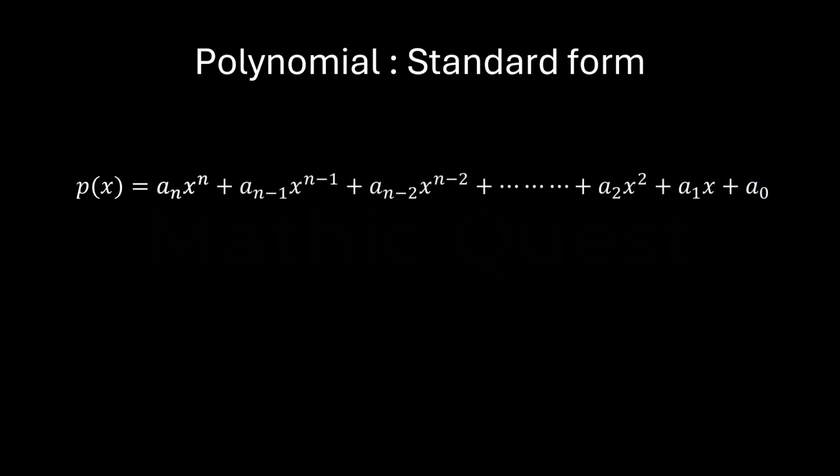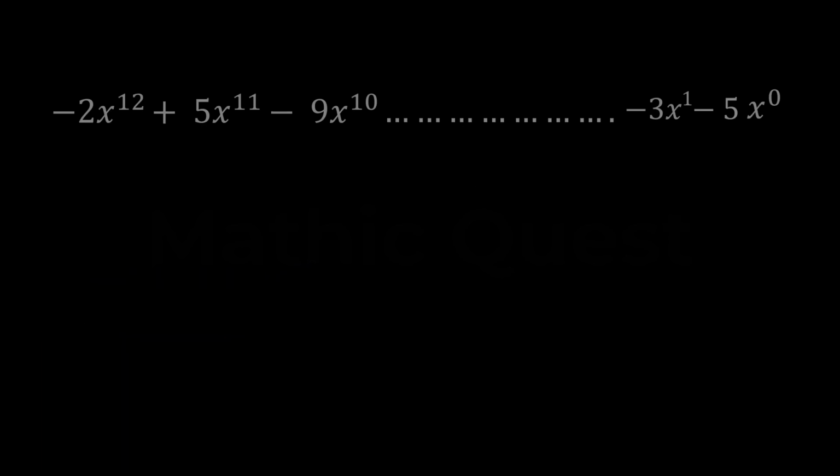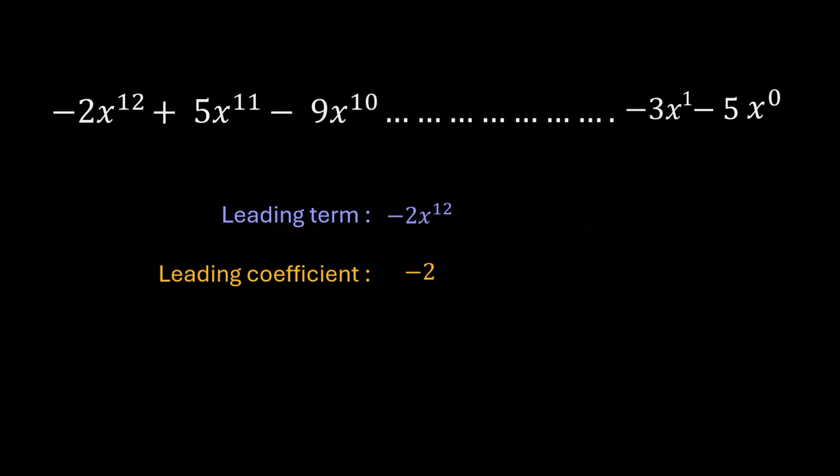Now, once we have written the expression in standard form, the first term on the left is our leading term. Its coefficient is called the leading coefficient, and the value of the highest exponent is called the degree. So, for example, here the leading term is negative 2x to the 12th power. The leading coefficient is negative 2.